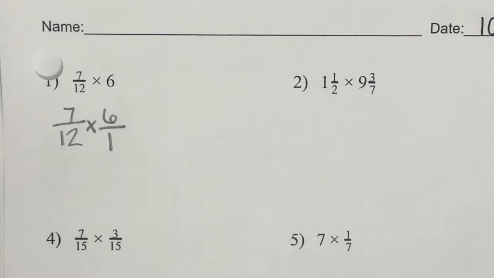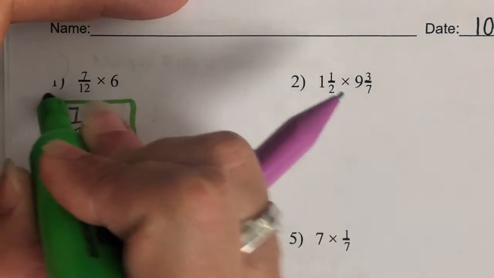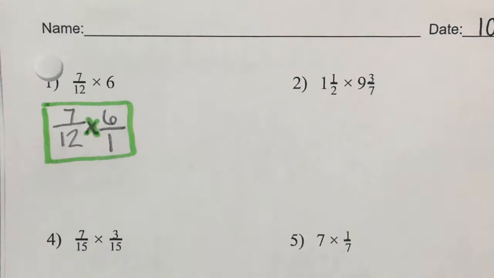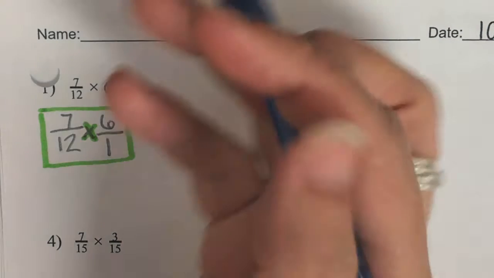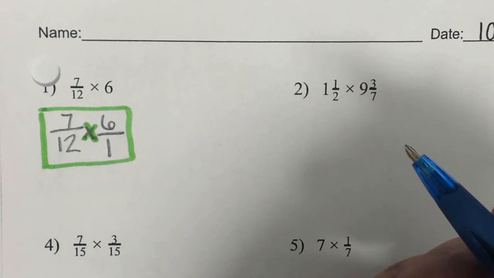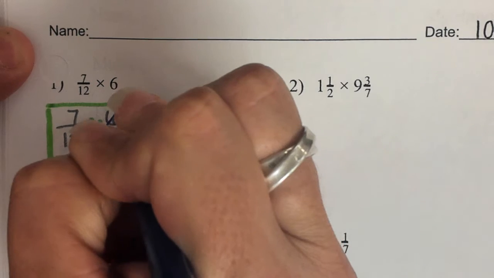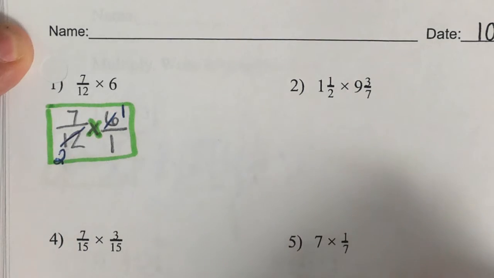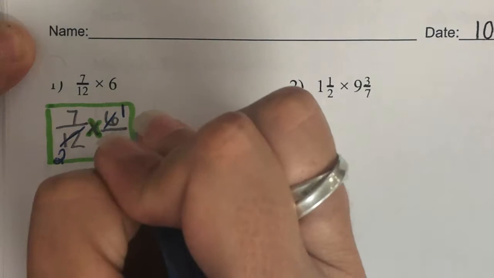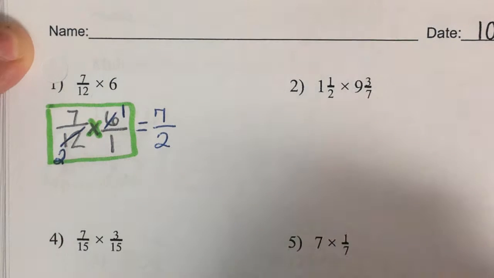That is the first thing we learned this week. If it is a whole number, sling it over 1. Now, we are in what I keep calling the magic box, meaning right there, we're allowed to do cross simplifying. I personally see the 6 and 12. So 6 into 6 once, 6 into 12 twice. I get 7 over 2.